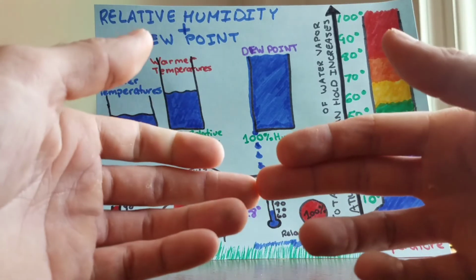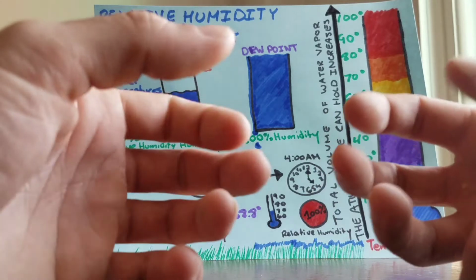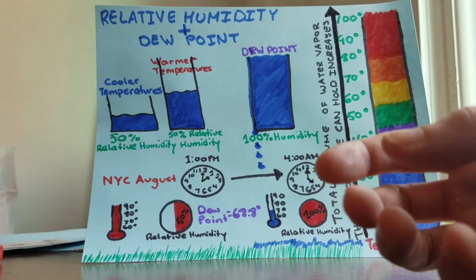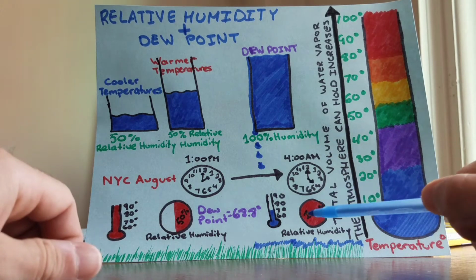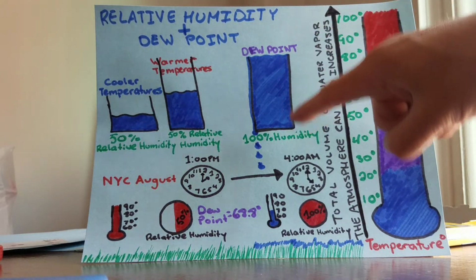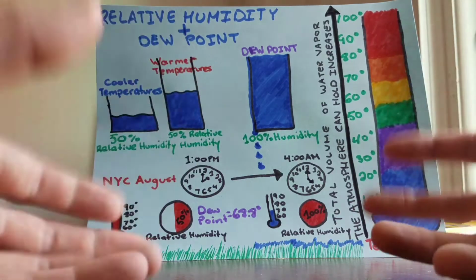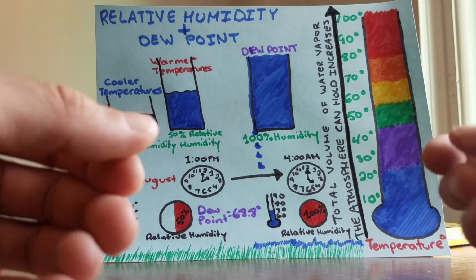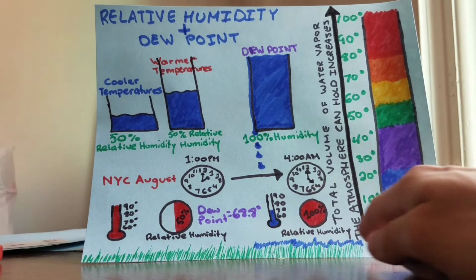Okay, because the temperature changed so drastically, and there was just so much water vapor in the air that day. Okay, so that 50% margin just rapidly changed to 100%, and that's what the dew point represents. That's what a full glass of water represents. That means that the atmosphere couldn't hold any more water vapor. It had no choice but to convert back into liquid form, and it did so on solid objects.